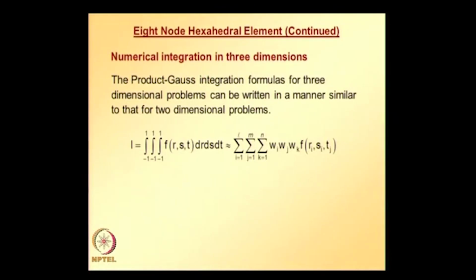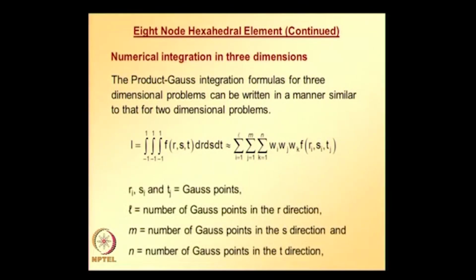So, this can be evaluated or numerically approximated using Gaussian quadrature, the way it is shown on the right hand side of the equation, where Ri, Si, Ti are Gauss points and Wi, Wj, Wk are the weights. L, M, N are the numbers of integration points along R direction, S direction, T direction.